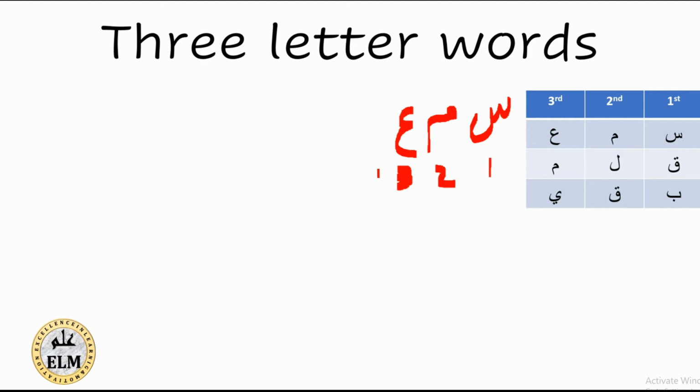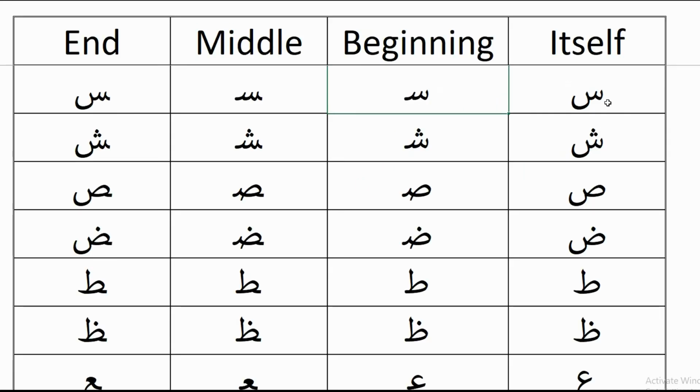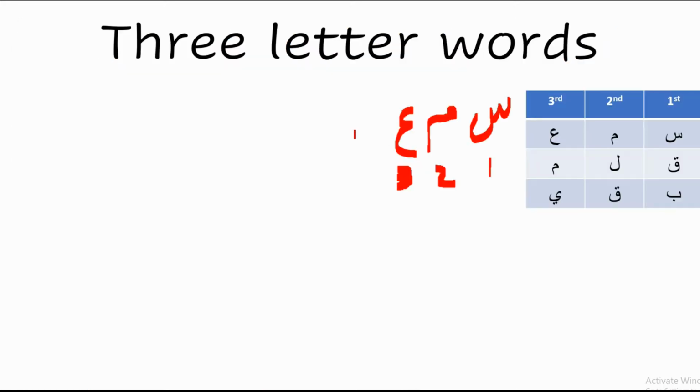So let's see how Sin looks like in the beginning. This is how Sin looks like by itself, and this is how it looks like in the beginning. So let's copy this shape. Sin. The next letter is Mim.